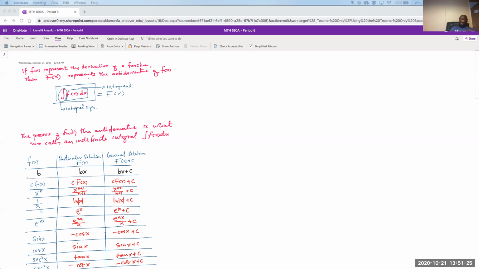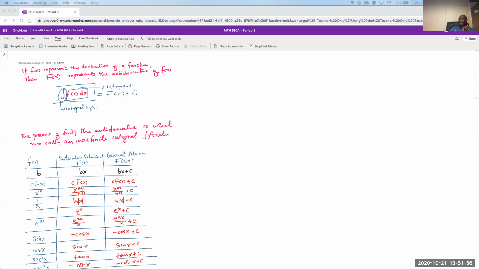All right. Then we tag along a plus c to show that if you have a constant, when you take its derivative, it goes to zero. So when I have my f of x, my big F of x, I do not know if it has a constant or not. Because of that, we're always going to attach a plus c, which we call the constant of integration, so that we've accounted for any situation that this function might have.